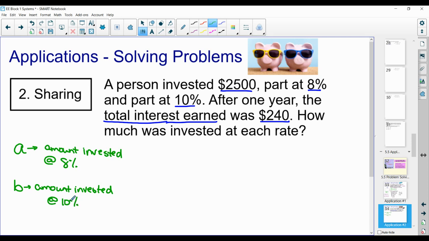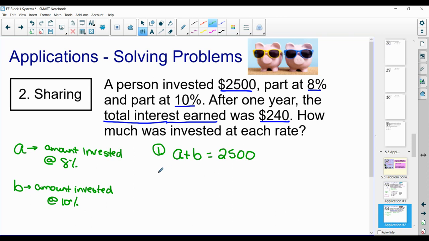That's okay to do, but you still have to make sure that you're clear in what everything is. So when we're looking at these parts, part A plus part B equals $2,500. Those two amounts total up to $2,500. So my first equation is going to be A plus B equals $2,500.